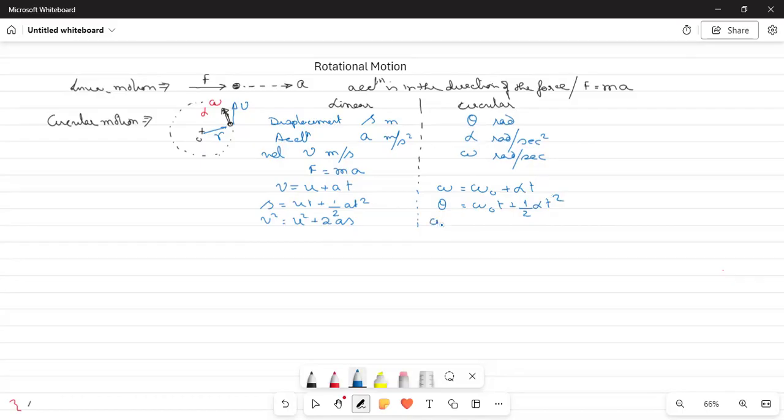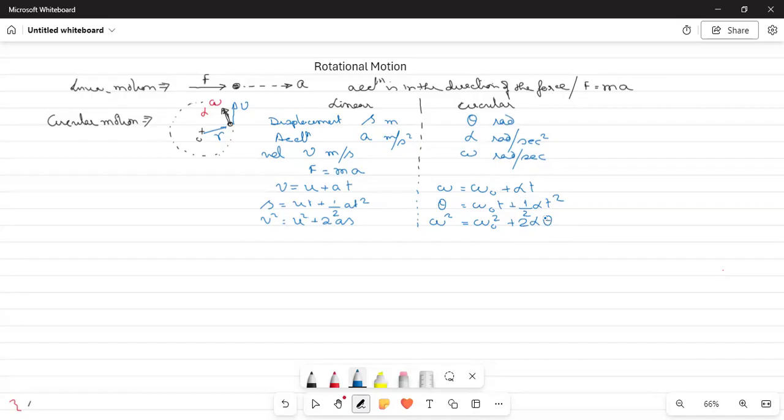And also omega square, that is the final angular velocity squared, is equal to initial angular velocity omega naught square plus 2 alpha into theta. We have already seen this.